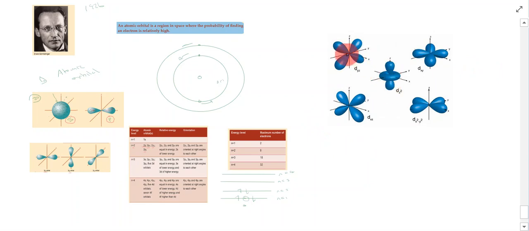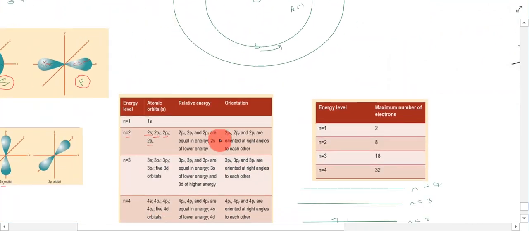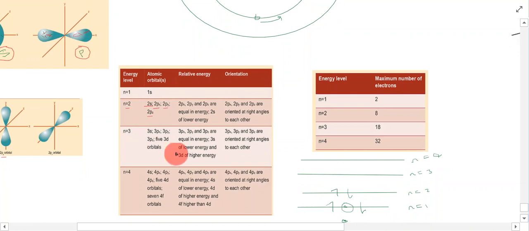This is a way to think about how the electrons arrange themselves into these shapes when you get up into higher energy levels. The 3 p orbitals in the third energy level are equal in energy.